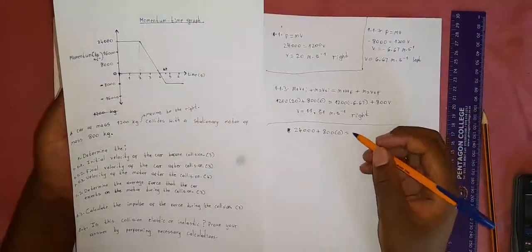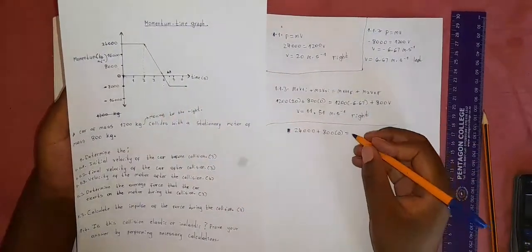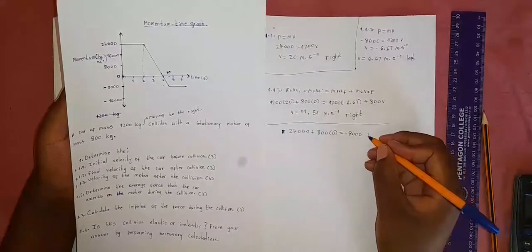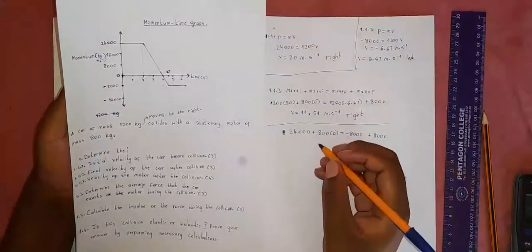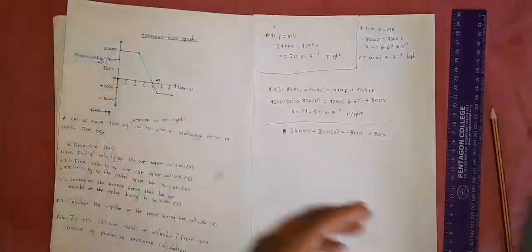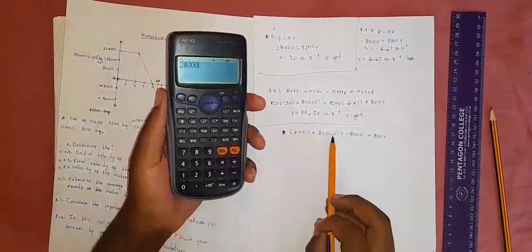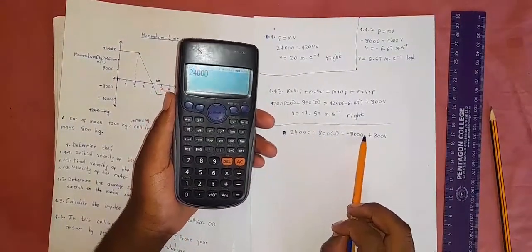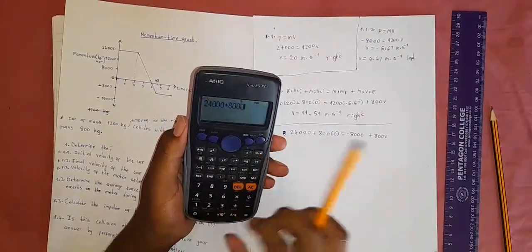So what is the final momentum? Of course, it's minus 8,000 plus 800 V. So we're going to say 24,000 plus this multiplied by 0, so we can bring this minus 8,000 to the other side and it becomes positive 8,000.